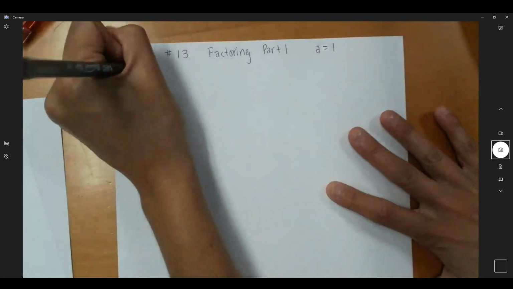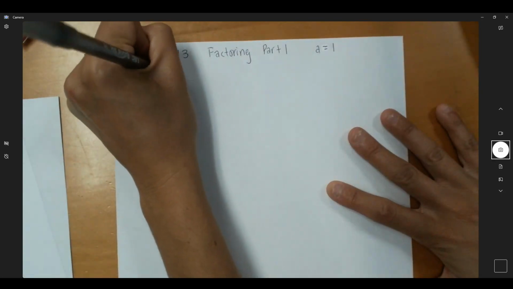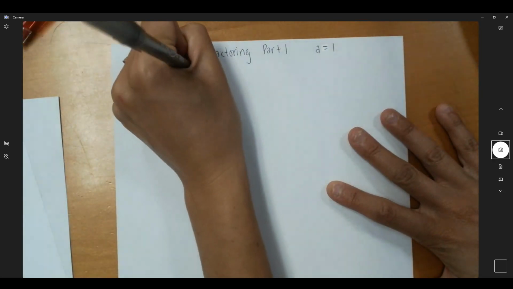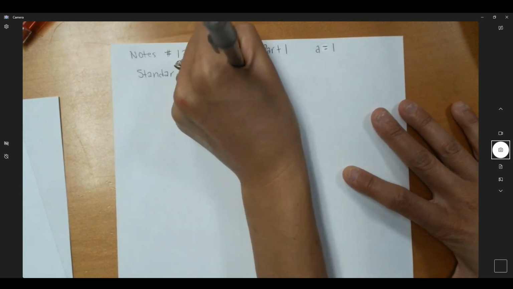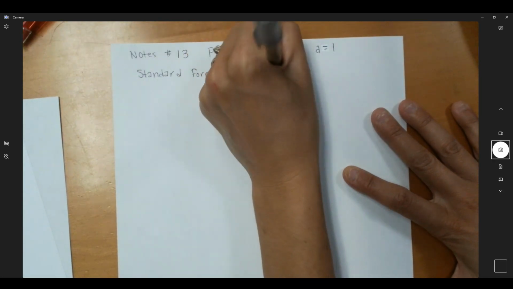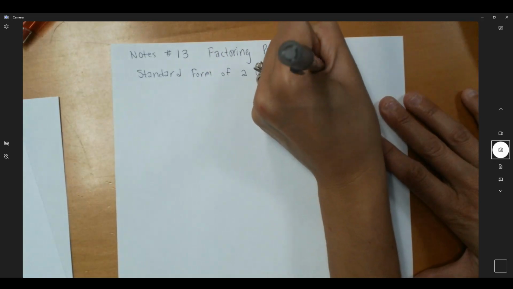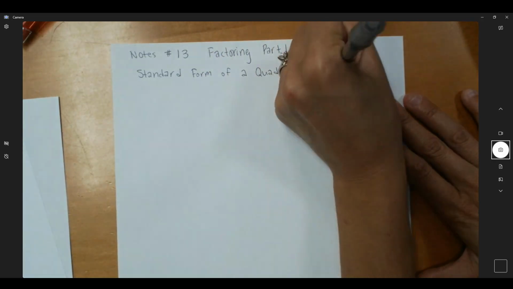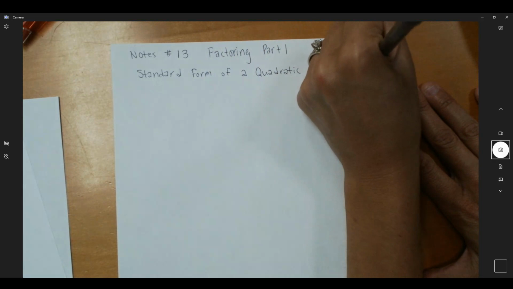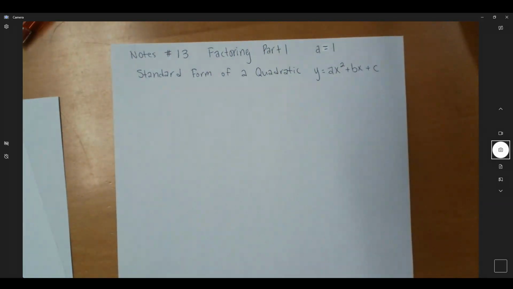So you've got your standard form. All right, your standard form of a quadratic is y equals ax squared plus bx plus c.